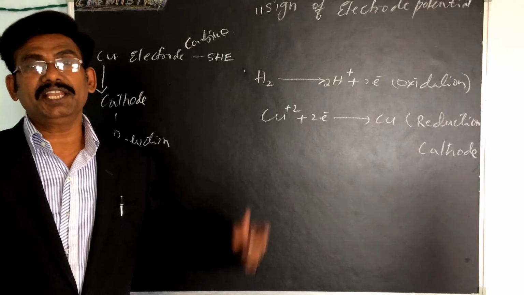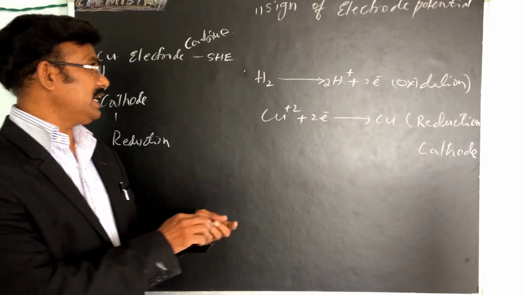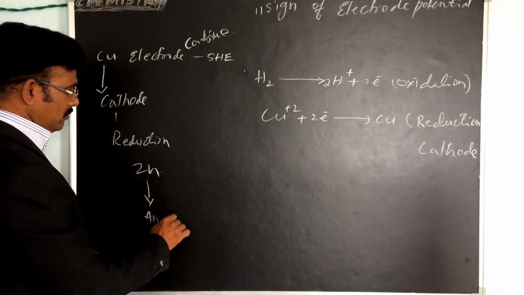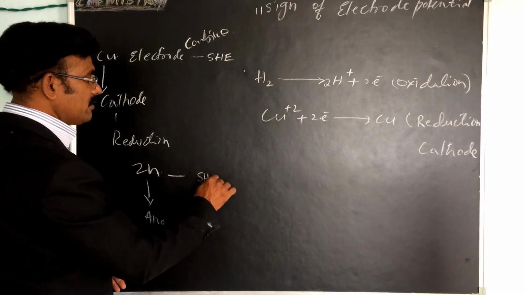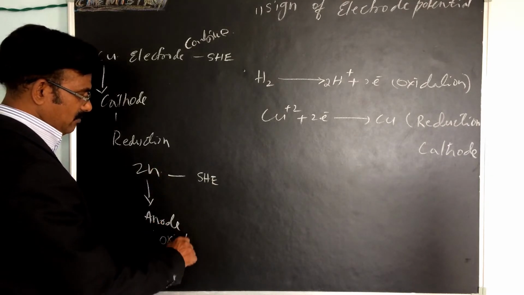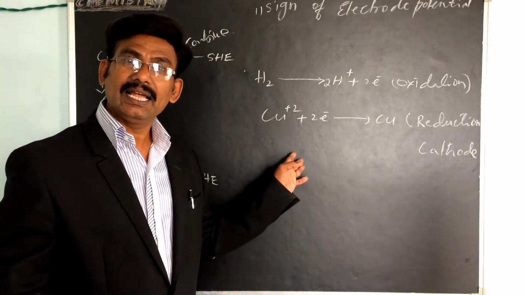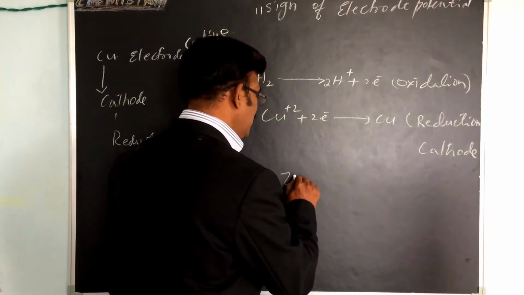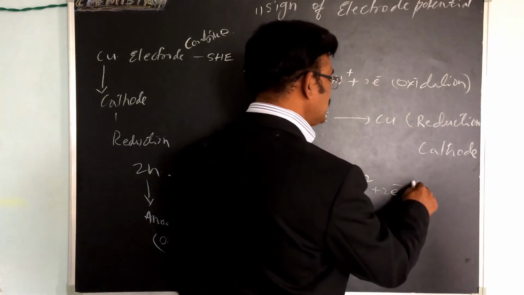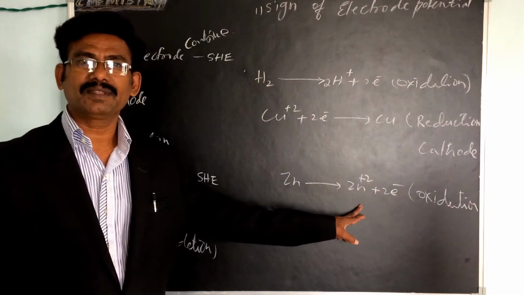In the case of the zinc electrode, it acts as an anode when combined with SHE. Anode means oxidation. Zinc metal loses 2 electrons to form Zn2+. This is the oxidation.